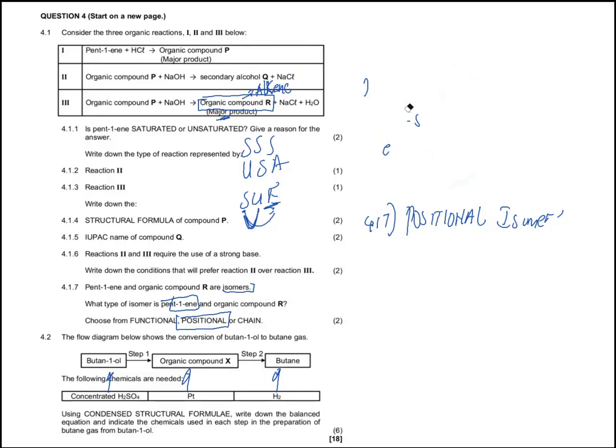Okay, so let's see now. They took the butan-1-ol. So obviously the first thing that they would have to do is use condensed structural formula, guys. Normally, this is what I say: if you want to be able to draw or write a condensed structural formula, you can start with a structural formula. So you have 1, 2, 3, 4.